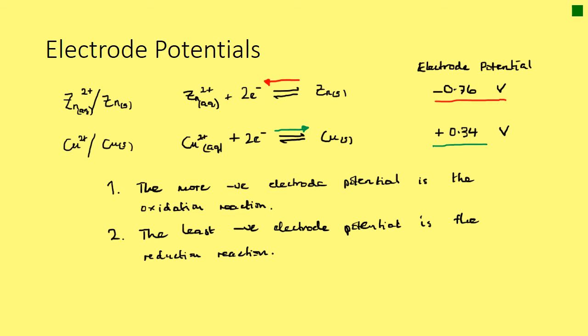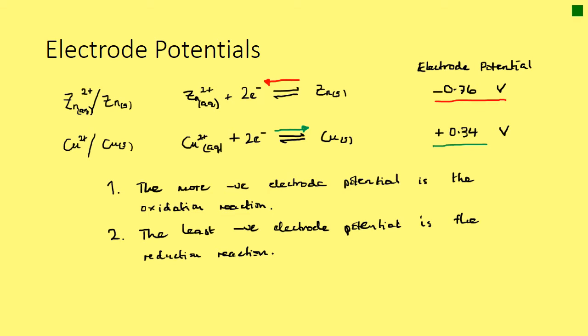The negative and positive we're going to deal with in a future slide, but basically you've got to compare it to something, and actually we compare it to hydrogen, and that's where the negative and positive comes from. We'll deal with that some more in a couple of slides time, but for now suffice to say that the negative and the positive give you an indication of which reaction is happening in each half cell. Is it the oxidation reaction or the reduction reaction?